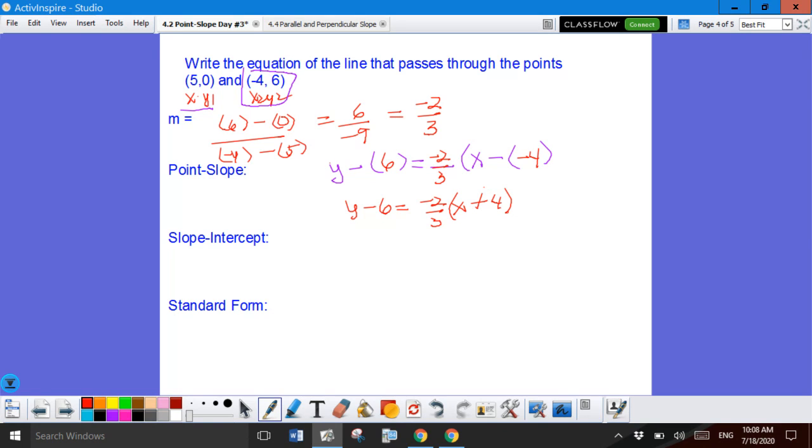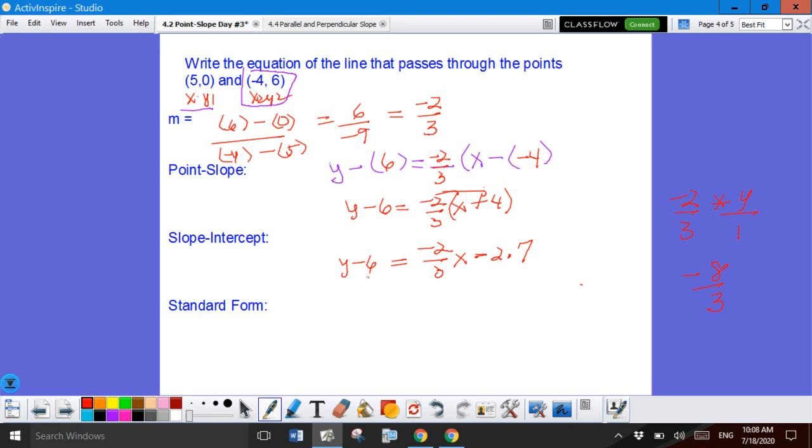Now, distributing negative 2/3 times 4. Okay, now this is going to be a decimal, and that's okay. That's negative 8 over 3. Okay, negative 8 over 3. And I know that my b needs to be a decimal so that I can actually graph it. So when we distribute here, we're going to change that negative 8/3 to negative 2.7.